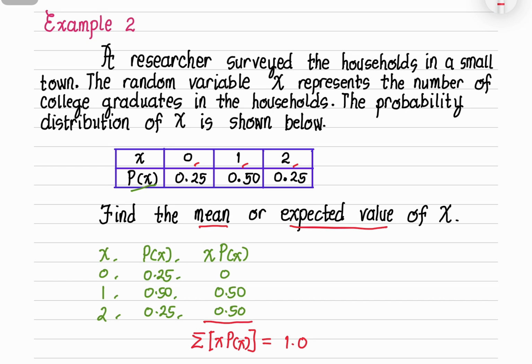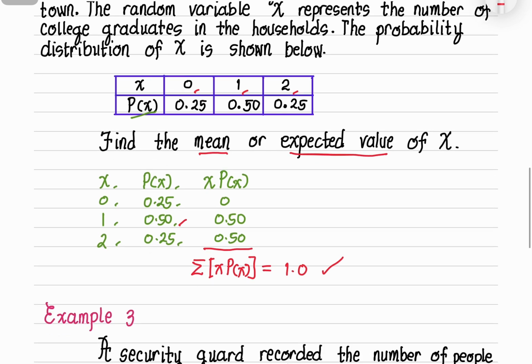So, class, kung i-interpret natin yung mean or yung expected value na na-compute natin, ang ibig sabihin, meron tayong average na 1 college graduates in the households with its corresponding probabilities na 0.50 or 50%. Okay? So, ang ating mean or expected value ay 1, no? Okay. So, ganun lang kasimple.